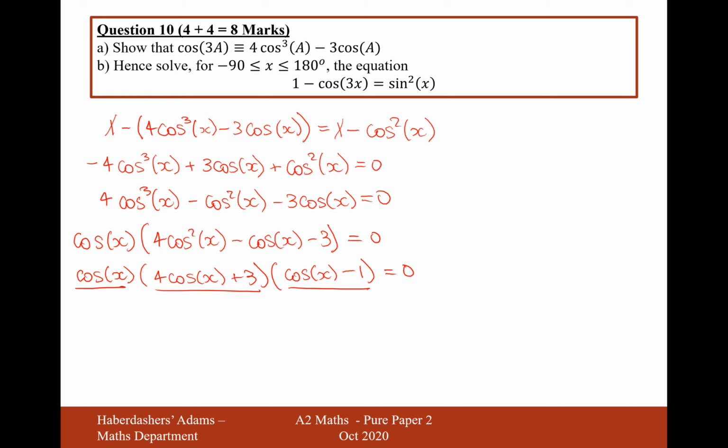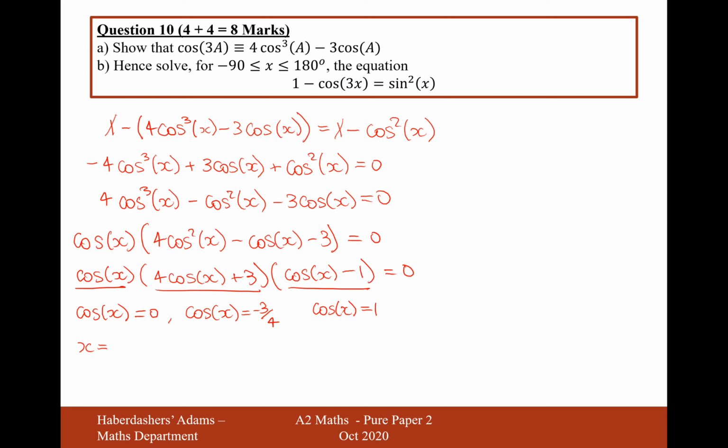The only way that can happen is if one of these things equals 0. So either cos of x equals 0, or cos of x equals minus 3 over 4, or cos of x equals 1. So let's now solve each of these.